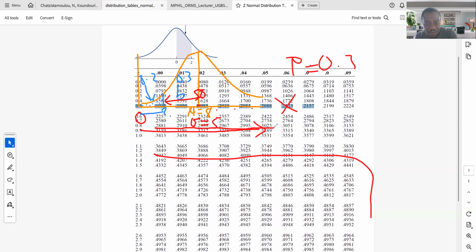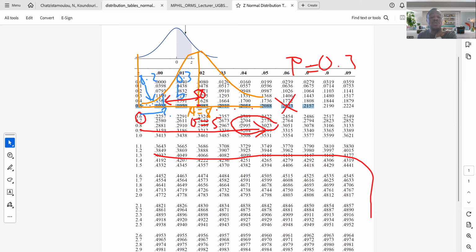Good. So now watch it carefully. You can see that I have two numbers here. I have 0.2995 and then 0.3023. Which one is closest to 0.3? That's what you are looking for.